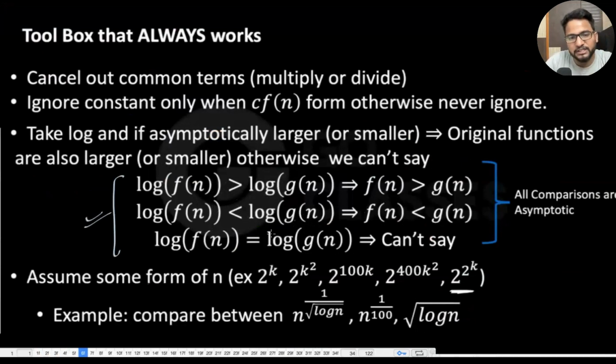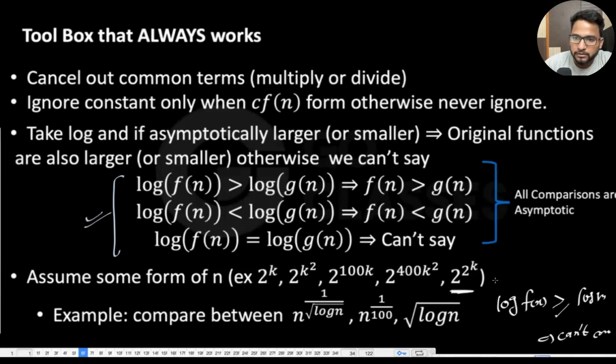But first see the slide. Let's suppose after taking the log, you are getting strictly greater than or equal to. Then what can you comment? Can you comment anything? Apart from these three conditions, after taking the log, if you are getting greater than or equal to log of g(n), then also can't comment. If equal to is involved, then also can't comment.